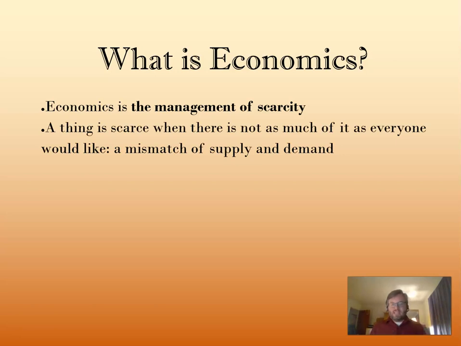When a thing is scarce, what we mean is there's not as much of it as everyone would like. If everybody took as much of something as they wanted and there's not enough to go around, then we have scarcity. The supply of something is not enough to meet the total demand.